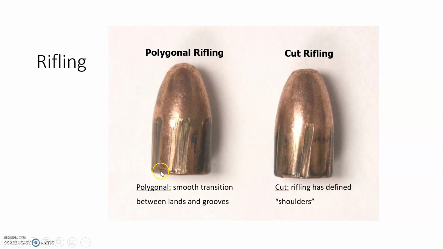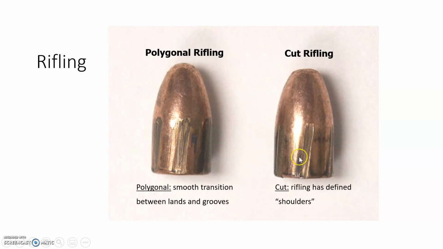If you take a look at the actual marks on the bullet, the polygonal has smooth transitions between what we call lands and grooves. So the grooves are going to be the indented part, and then the lands are going to be the raised part of the marking.